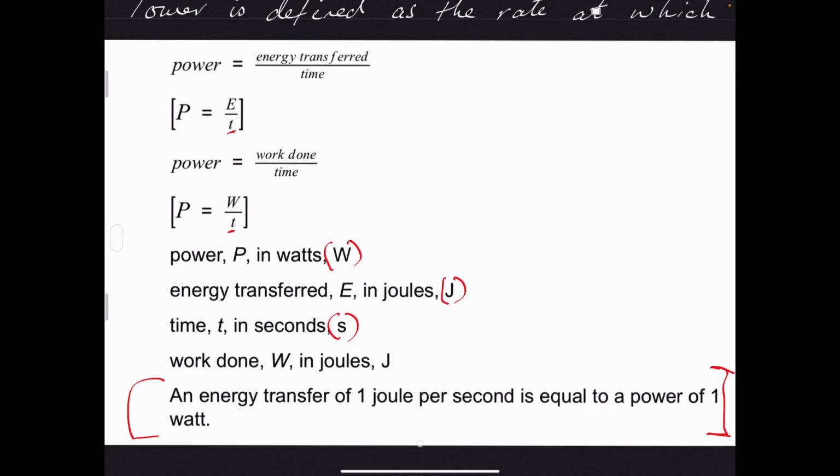So if you go back to your notes for the definition of power, which we had just before this screen, you can see that we were looking at the rate, and this is why: an energy transfer of 1 joule per second, which gives us a rate, is equal to a power of 1 watt.